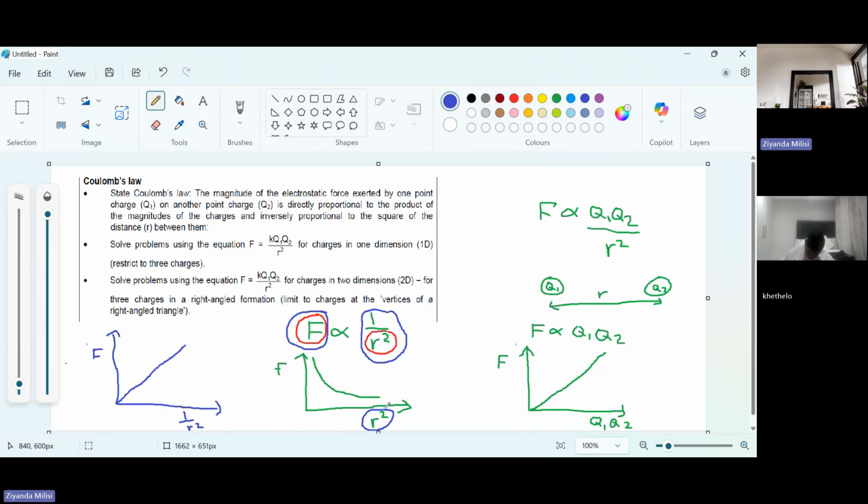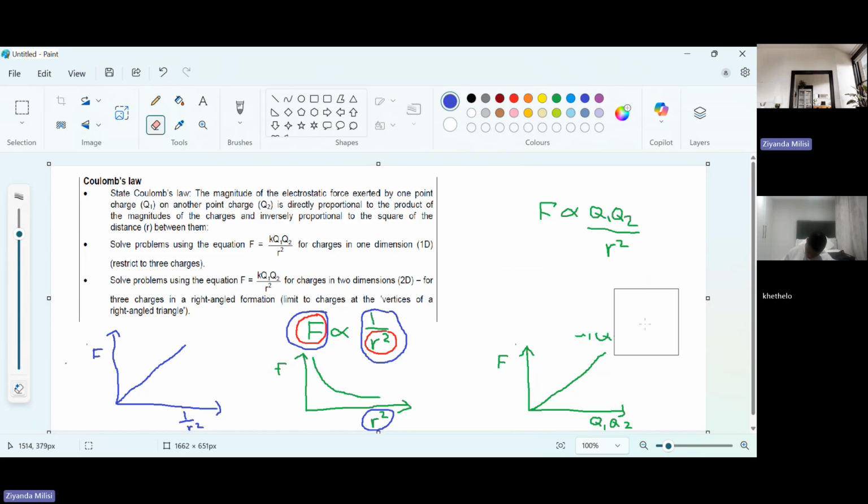I hope you are getting these shapes. It's important. Now looking at Coulomb's law equation that we will be using to solve problems.